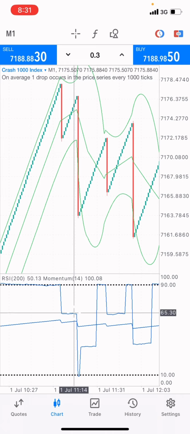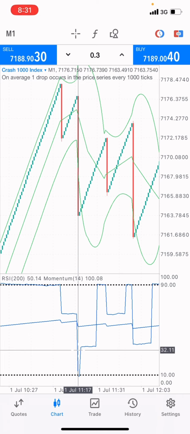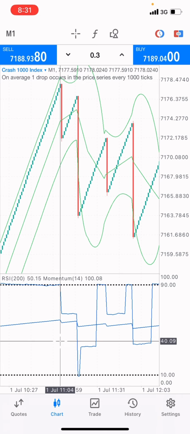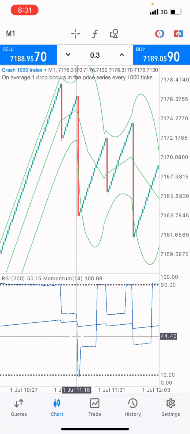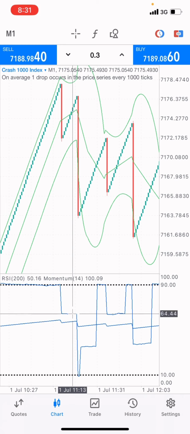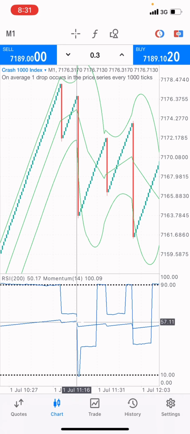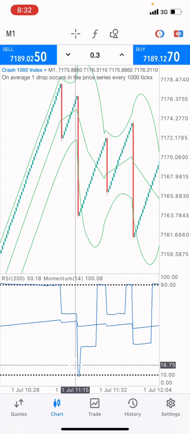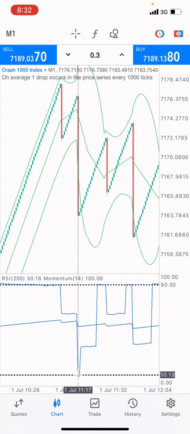Now at this point it reached level 10. How do you know when it reaches level 10? It has to be on a downtrend on the right side, just as you can see at this very point, it was on the right side of the trend. When you reach level 10, that's when you want to take your 5 candles.